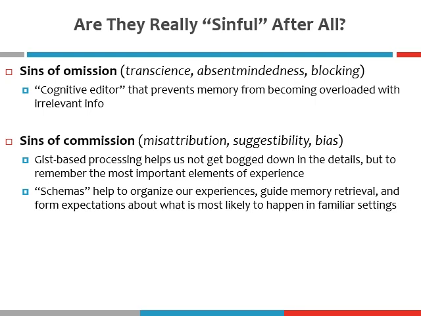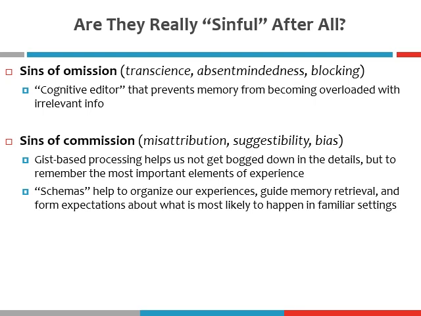And they're also going to help us form expectations about what is most likely to happen or how exactly we should conduct ourselves or behave in familiar settings, right? So all of those things are very, very adaptive in that they allow us to predict the future, so to speak, and behave accordingly, and also to organize information and retrieve information in the most efficient way possible, right?